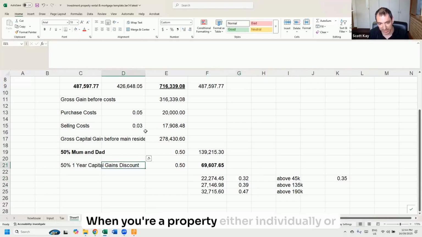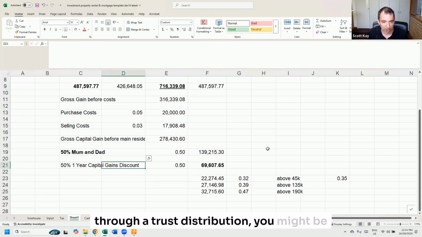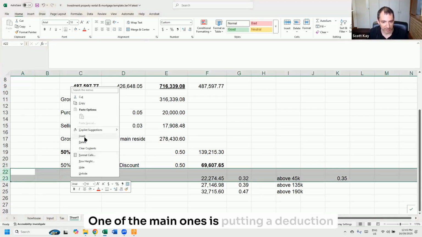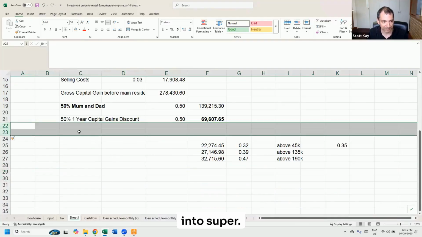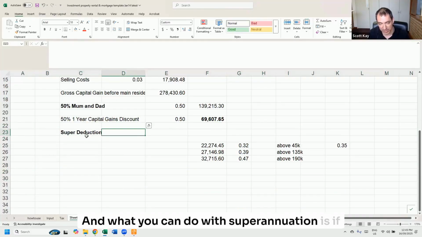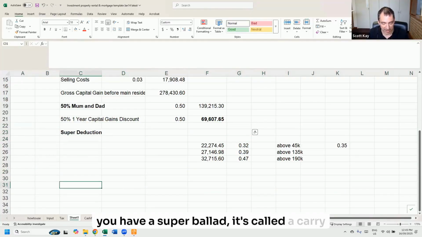When you're selling a property, either individually or through a trust distribution, you might be able to employ other strategies. One of the main ones is putting a deduction into super. And what you can do with superannuation, if you have a super balance, is called a carry forward.